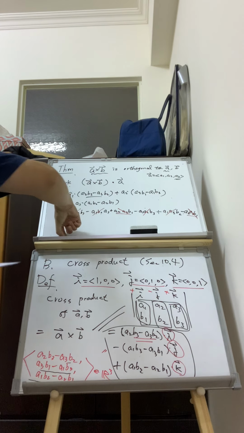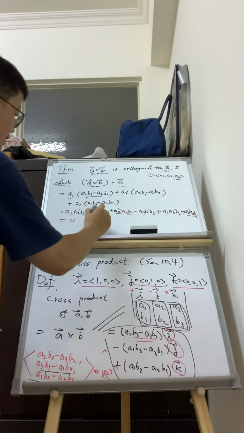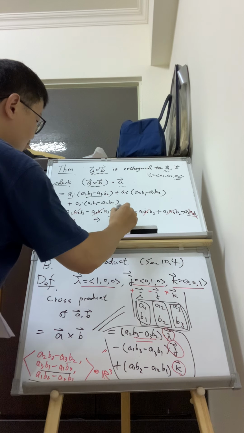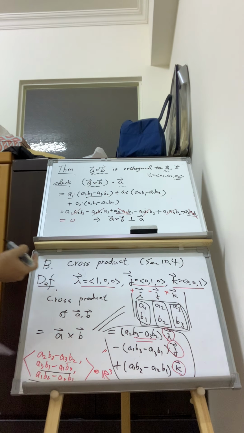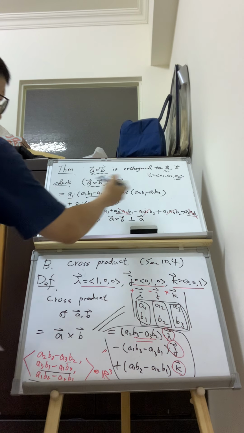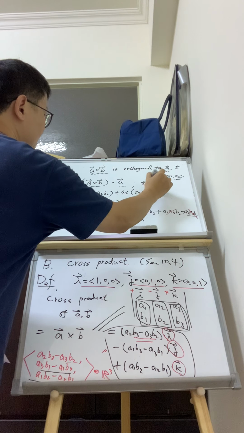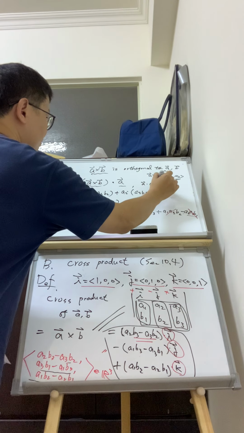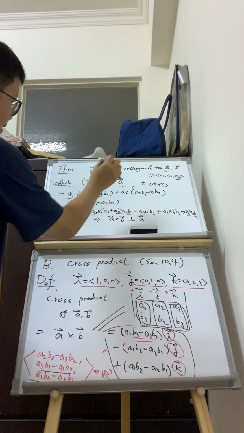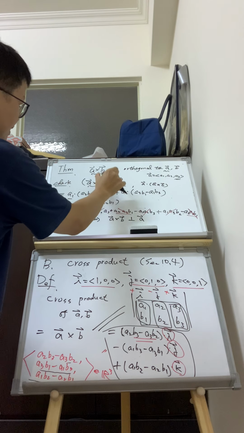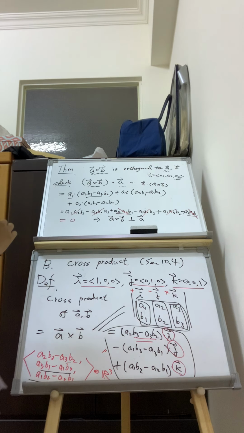So indeed, for these two vectors, their inner product equals 0 means that they are orthogonal. Or you could use this notation. And of course, if you check the other one, the inner product is the same by definition, all of them equal 0.